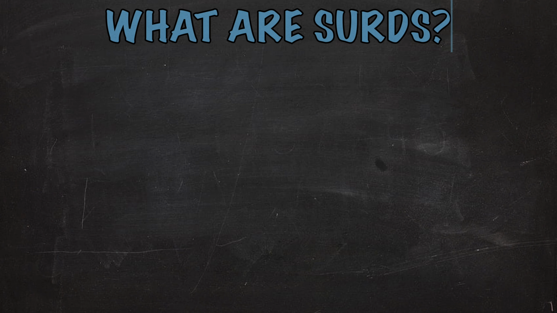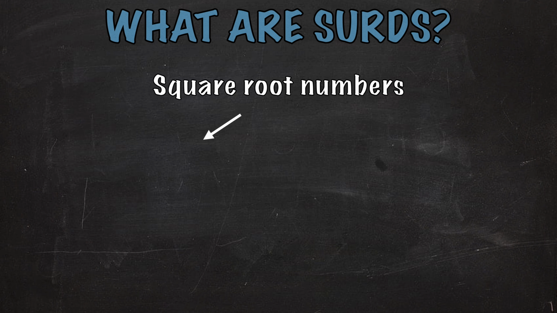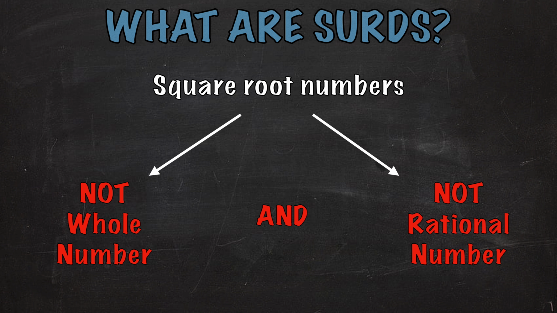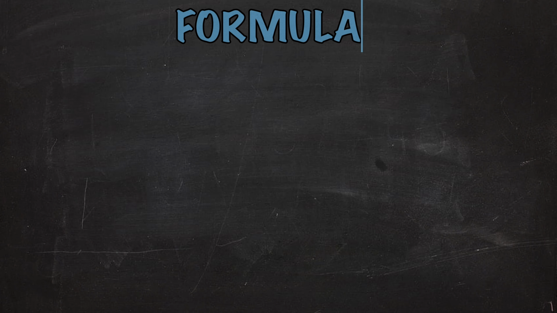The first thing we need to understand is, what are surds? Surds are square root numbers, but they are not whole numbers which can be square rooted easily, nor are they rational numbers, i.e. numbers which can be easily divided. So they are numbers which cannot be simplified that easily. Is there a formula to work this out?